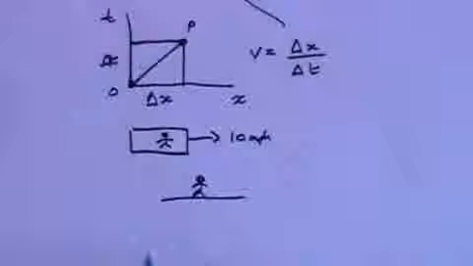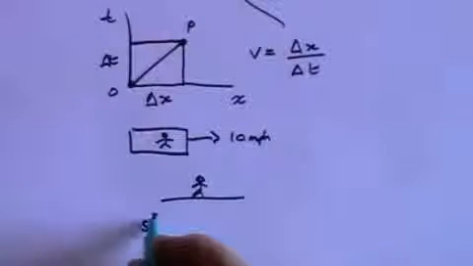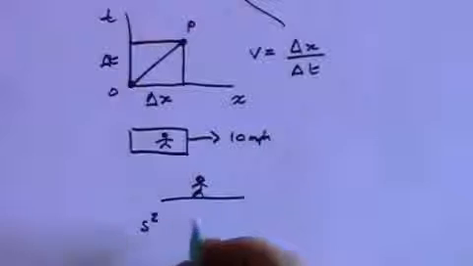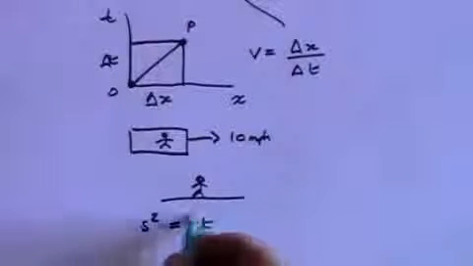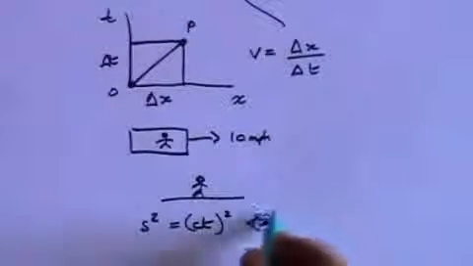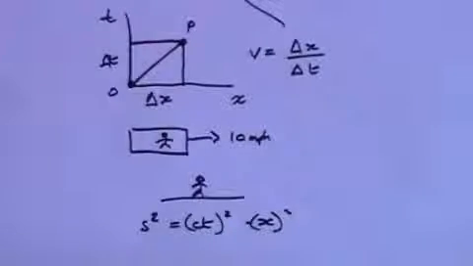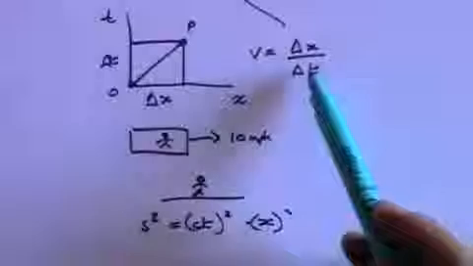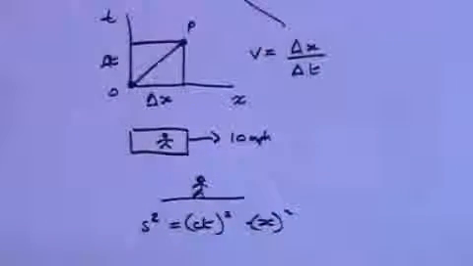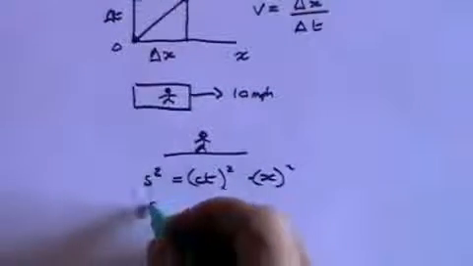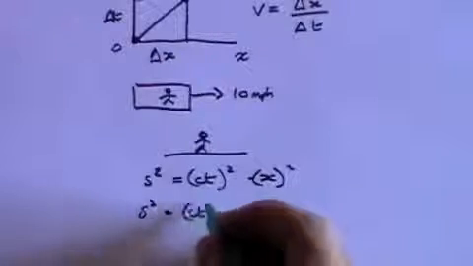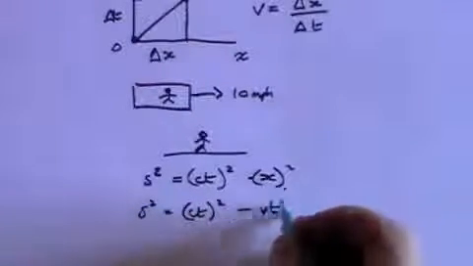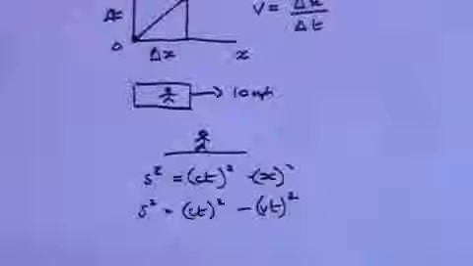We have just established that both of us will agree on a value of s squared, which is ct all squared minus x squared. But we've also just established that x is essentially velocity times time. And so we can say that s squared is ct squared minus vt all squared.